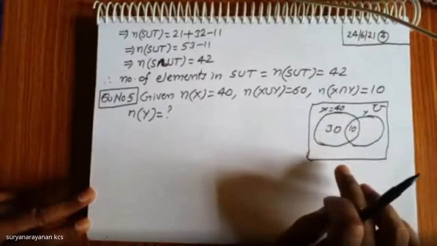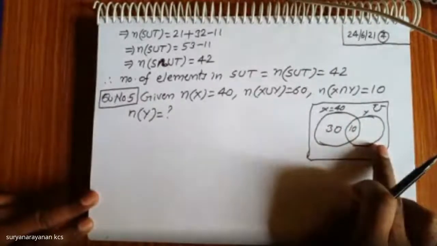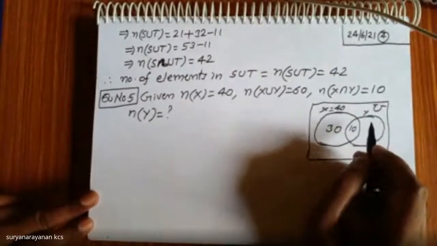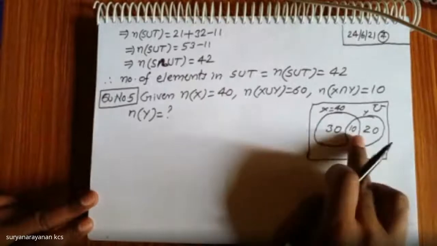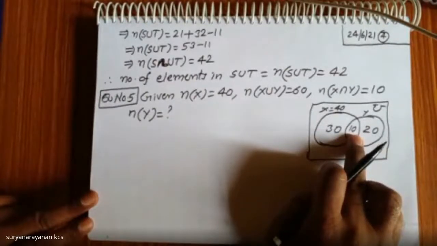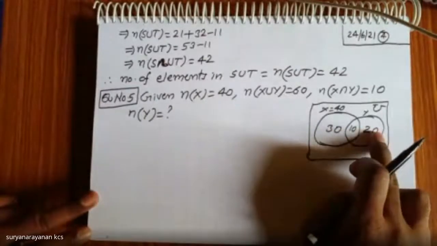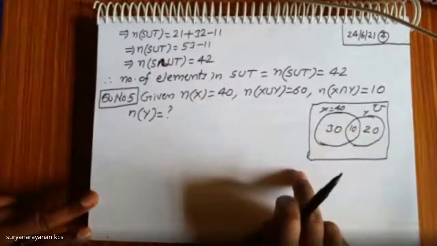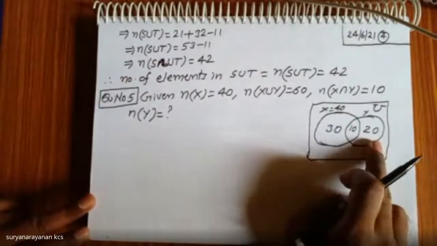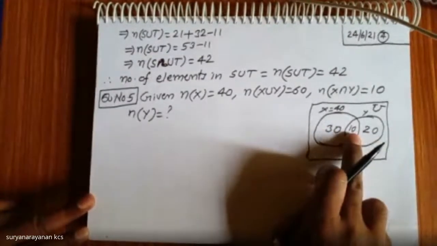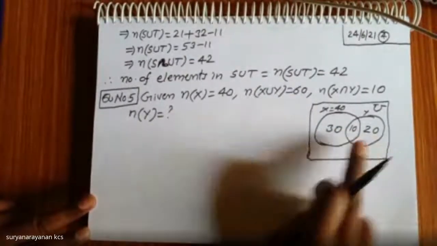Yes, very good, my dear Richen and Nikhil. 30 plus 10, 40 we got here. But what should be the total number? 60. So the remaining number is 20.